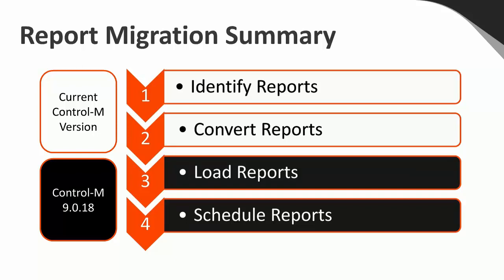Then we move to the Control-M 9.18 environment. We loaded those two reports that we converted on the Control-M report GUI. And then after that, we move to the command line, and I showed you using Control-M Automation API how to generate the request for this report.